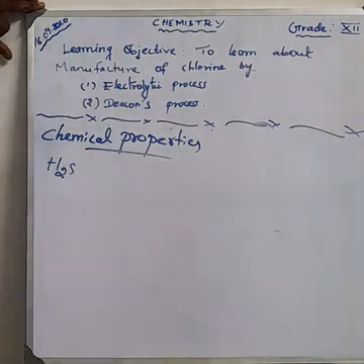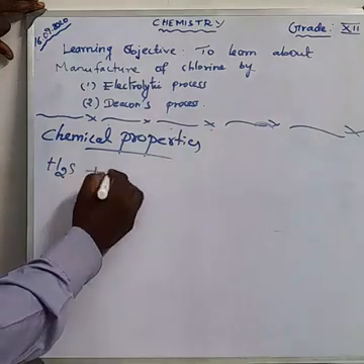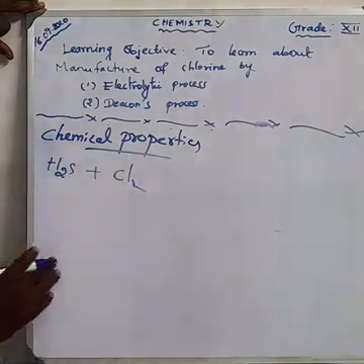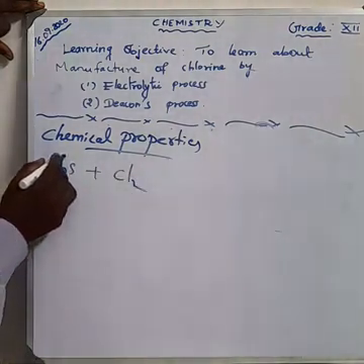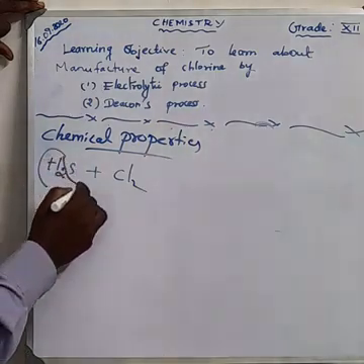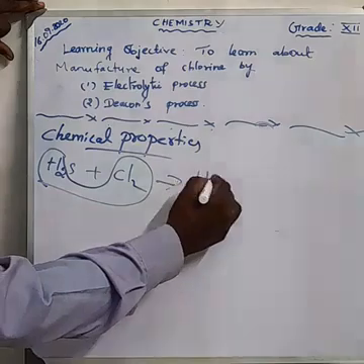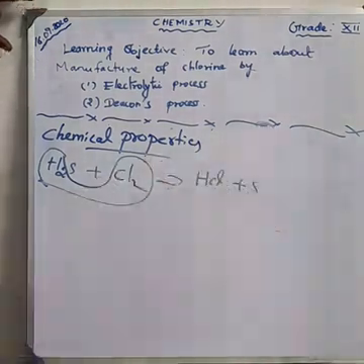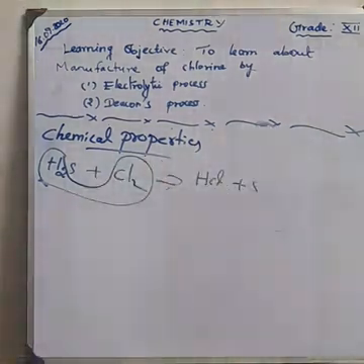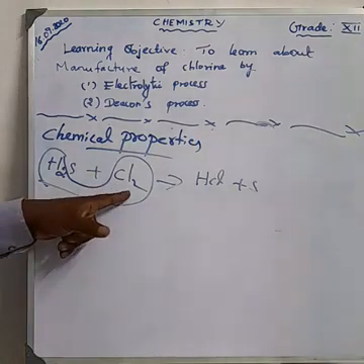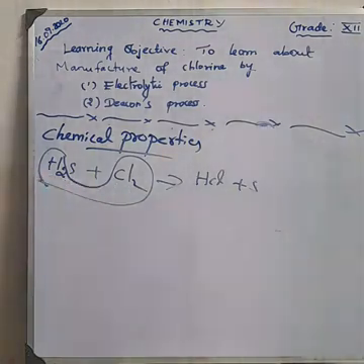Chlorine reacts with hydrogen sulfide to form what product? As I already told you, chlorine has an affinity for hydrogen to form HCl, and also sulfur is obtained.